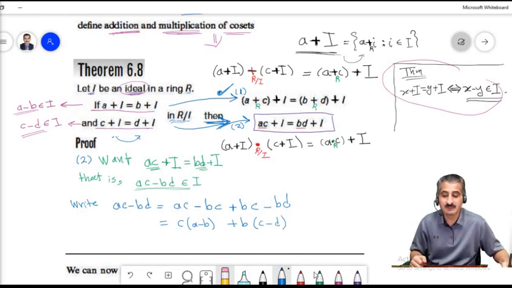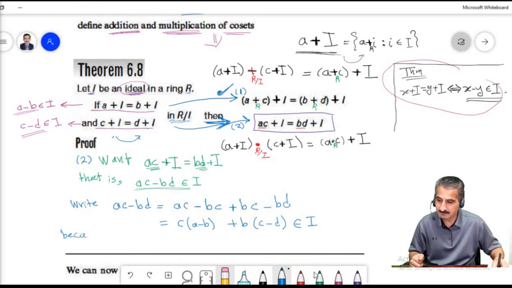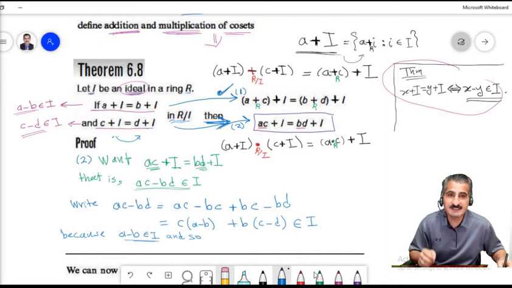Okay, and this shall belong to I. Why? Because A minus B belongs to I, and I is an ideal.